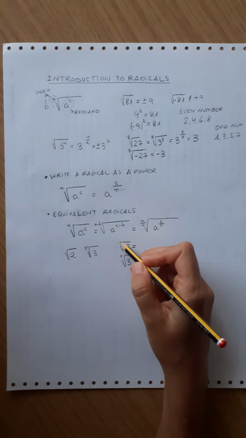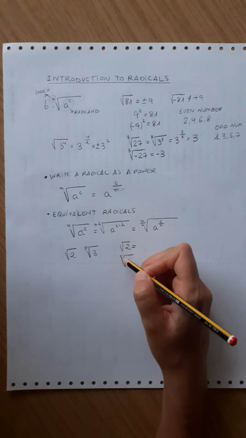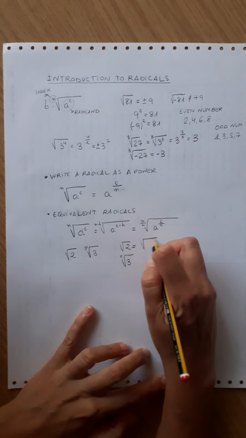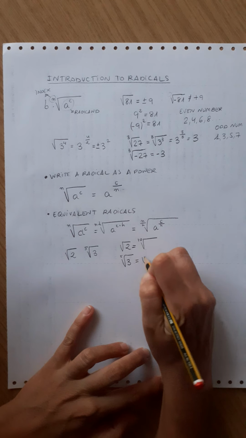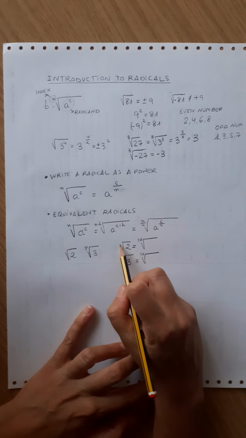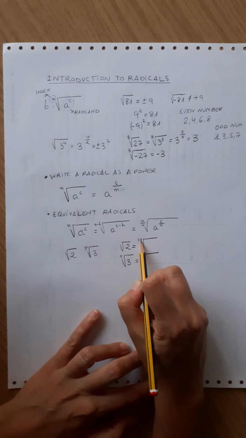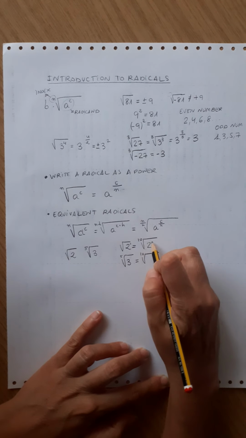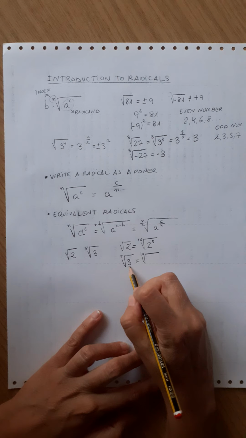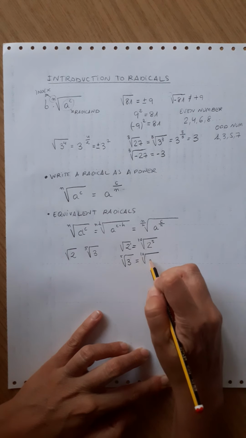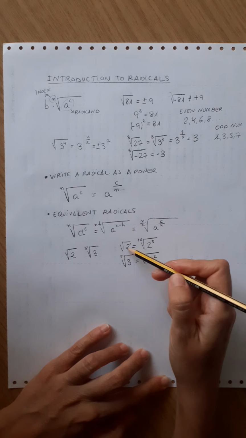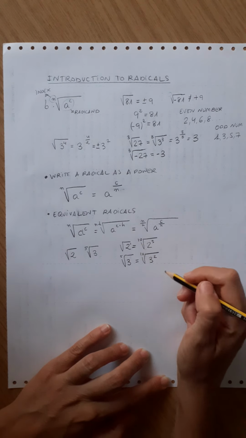I have to find a multiple of this index and this index. In this case, the least common multiple could be 10. So if from here to here I have multiplied by 5, this one, that would be the exponent, I have to multiply by 5. And here, if I have multiplied by 2, in this case I have to multiply by 2. So I found equivalent radicals, but with the same index.